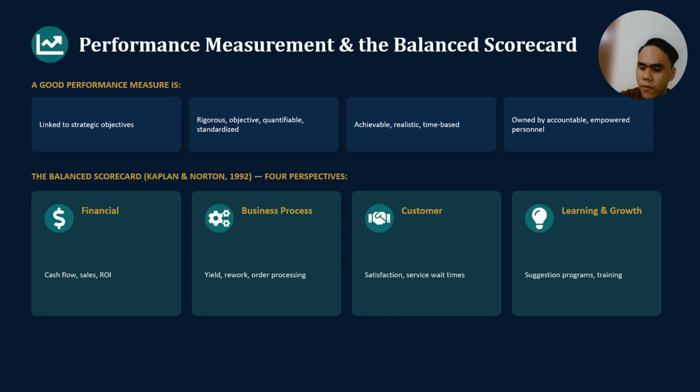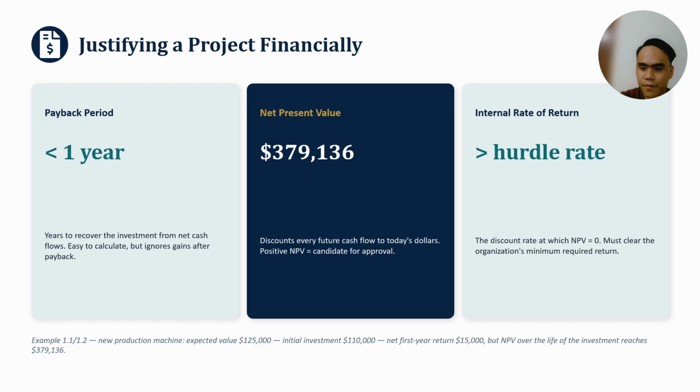Their fix was four perspectives, shown here: the financial fundamentals like cash flow, sales, and ROI; business processes like yield, rework, and order processing; the customer perspective covering satisfaction trends and service wait times; and learning and growth, the human element, participation in suggestion programs and training. So in a typical scorecard, each objective is listed with its associated measures, performance targets, and initiatives that will actually drive the organization toward it.